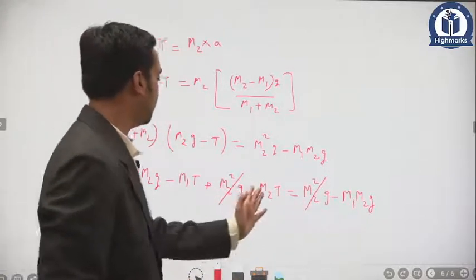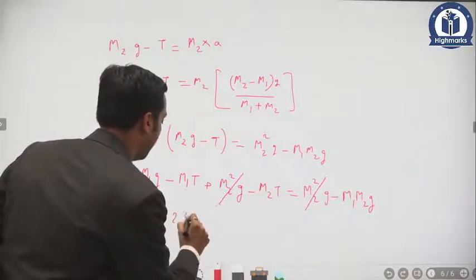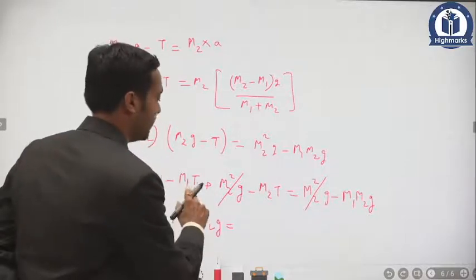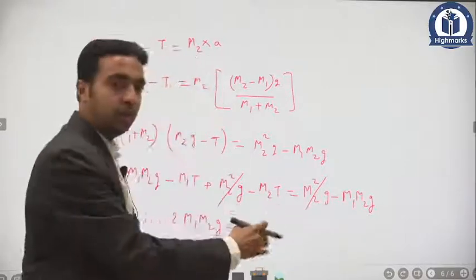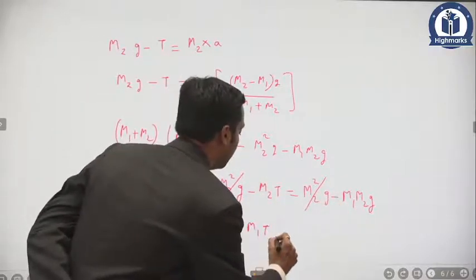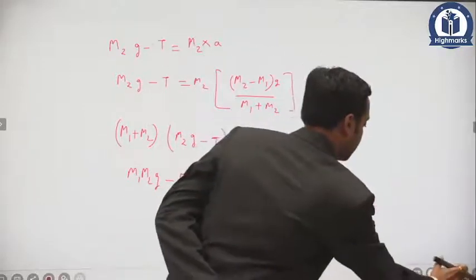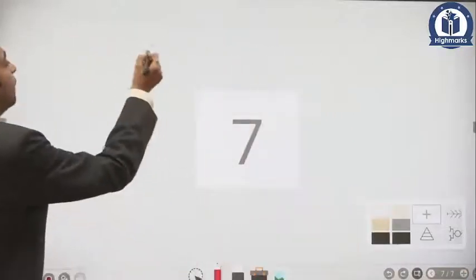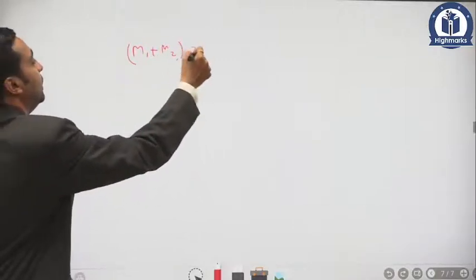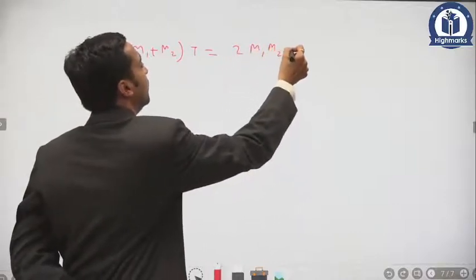So we will take this side, so we will get here 2 M1 M2 g is equals to, take this minus M1 T this side and M2 T this side, so we will get here M1 T plus M2 T. So we will get next M1 plus M2 into T is equals to 2 M1 M2 into g.